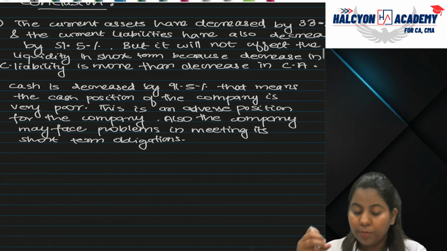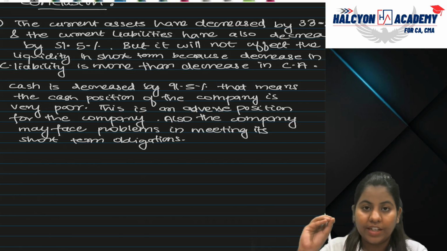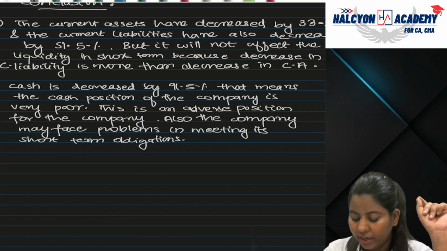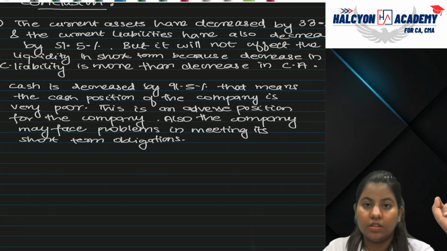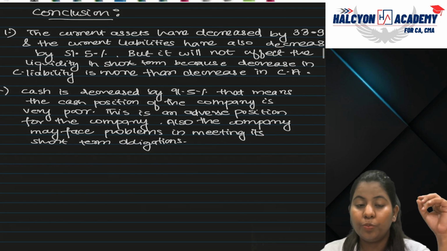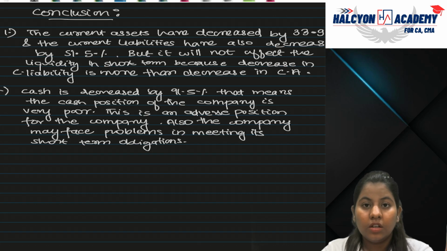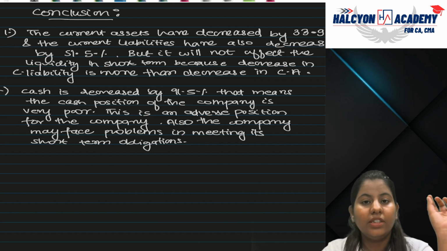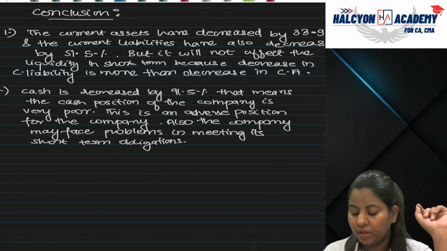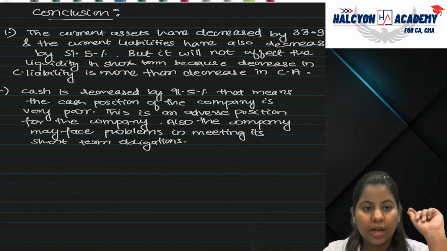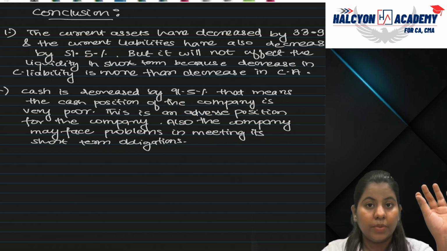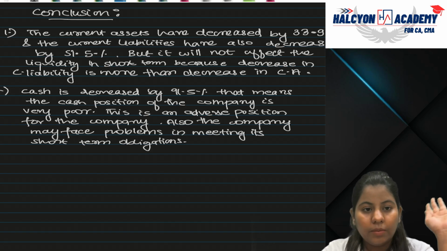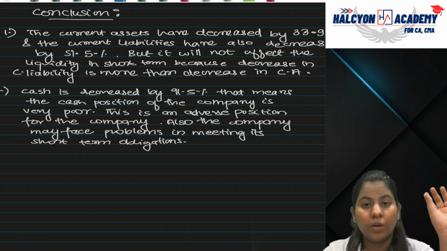It is a very poor position in terms of cash and bank balance. In the short term, if it has to pay any expenses out of cash and bank, it will face problems because it has very little cash and bank balance. It has current assets, but the company does not have an appropriate cash and bank balance. So it may face problems in the short term.